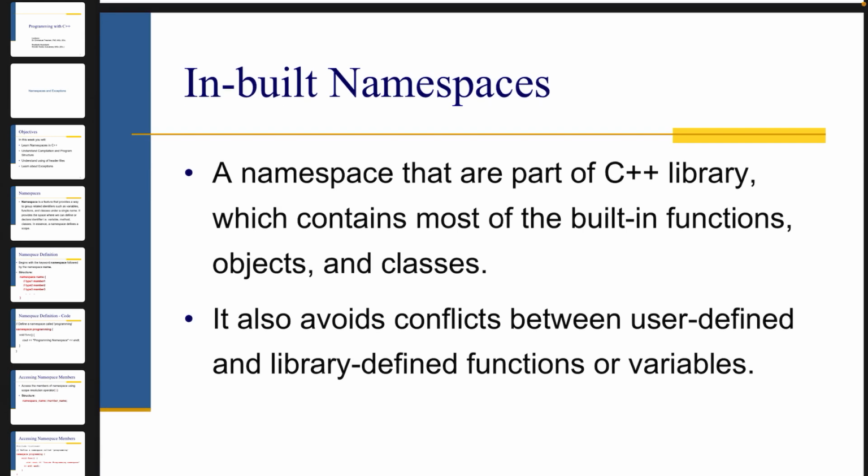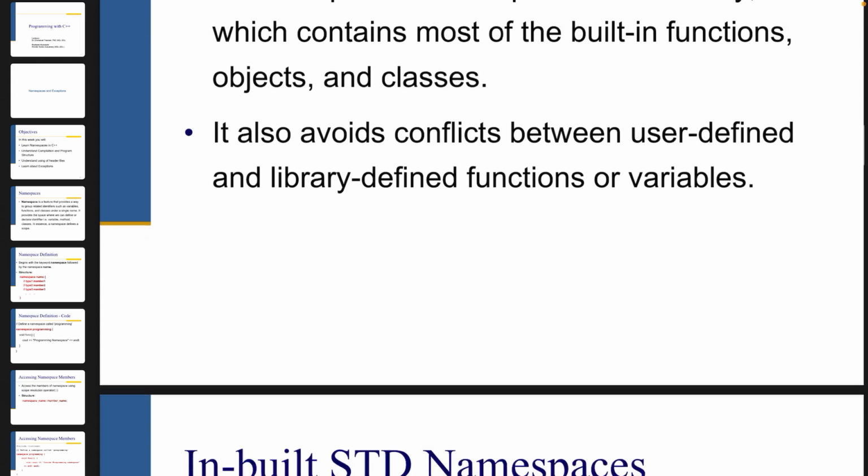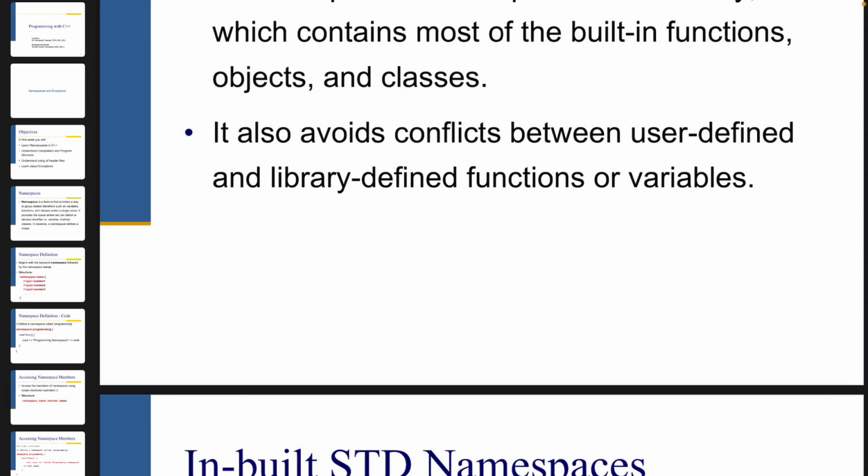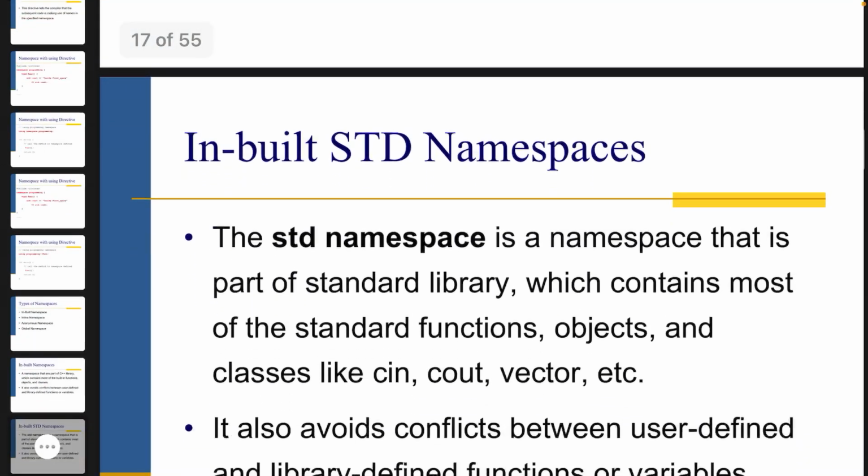The inbuilt namespace is a namespace that is part of the C++ library, which contains most of the built-in functions, objects, and classes, for example cout. Also, it avoids conflict between user defined and library defined functions or variables.